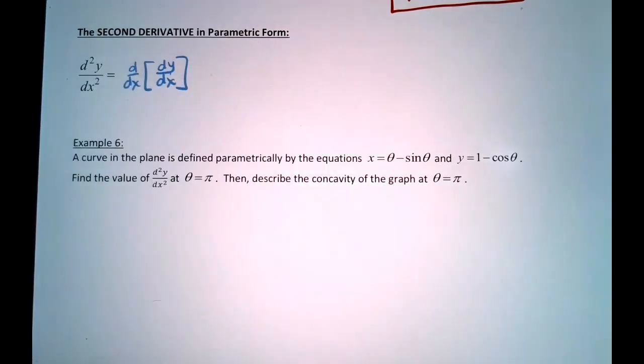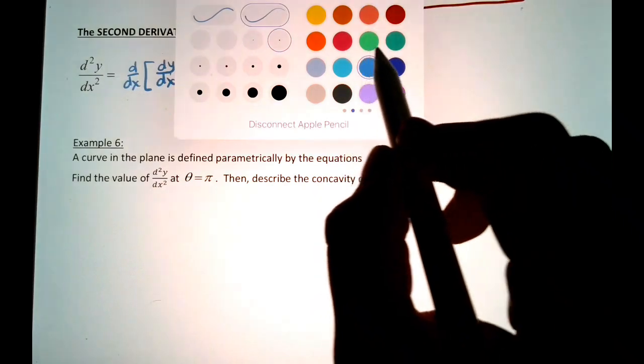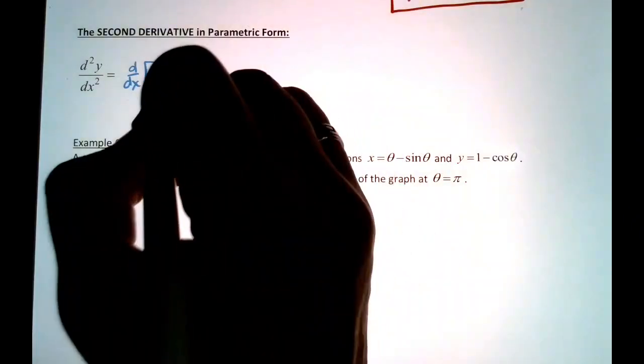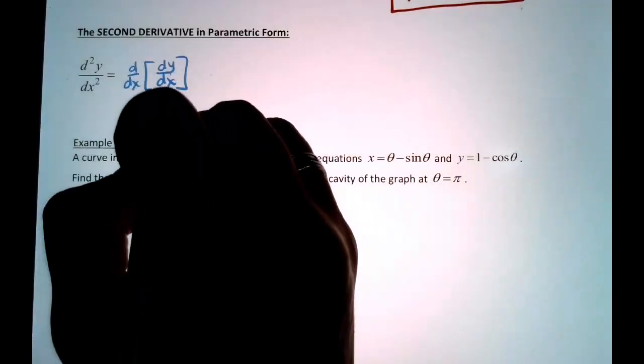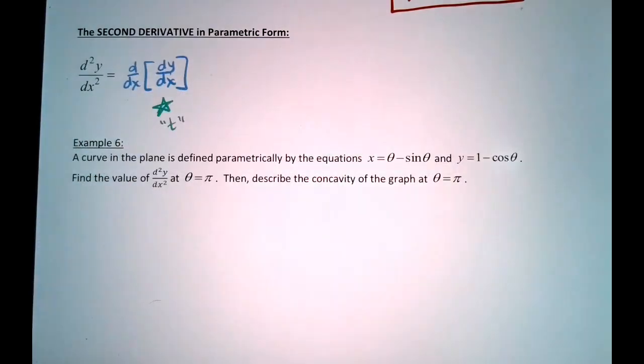You know from Calc 1 that the second derivative is just take the derivative again, right? That's pretty much all it is. The problem in the parametric setting happens to be the variable issue again. Keep in mind that dy dx really is in terms of t. That's what causes us a little bit of an issue on the second derivative defined parametrically.